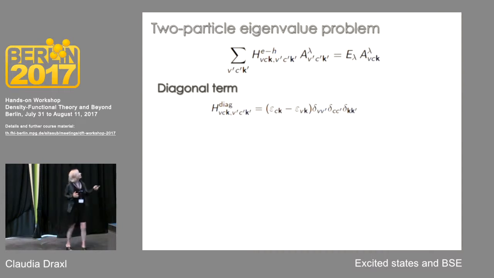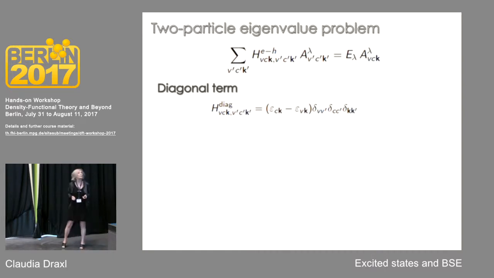First of all, it's the simplest one, it's the diagonal term. What does it tell us? It just tells us what the distance at a given k point, the conduction band and the valence band have from each other. So this is basically the term that plays a role if you switch off the Coulomb interaction and just look at independent transitions. So it's just a direct transition from the valence band to the conduction band.